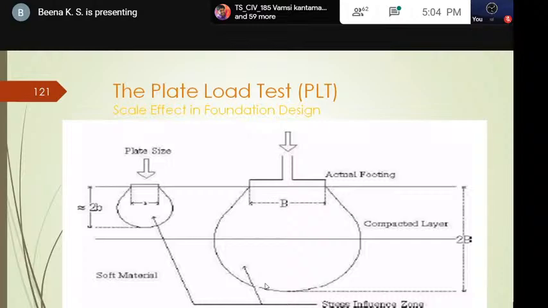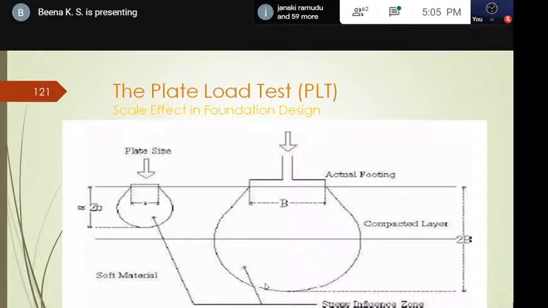The readings should be taken very carefully, and it is expensive also. When you compare it with the SPT test, it is very expensive, and also the arrangements we have to make. All these arrangements, you have seen in the photograph. All the arrangements we have to make.